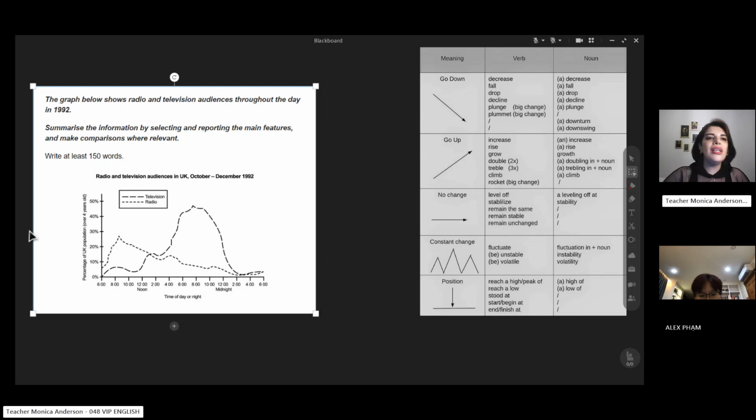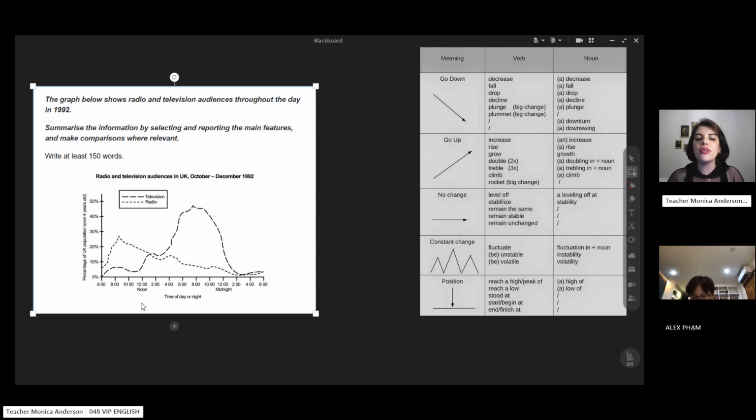Here, for example: the graph below shows radio and television audiences throughout the day in 1992. What is the instruction? What should we do? We need to summarize the information by selecting and reporting the main features.